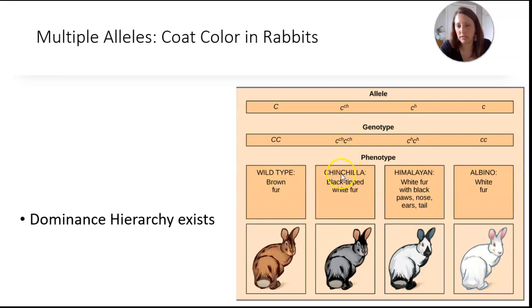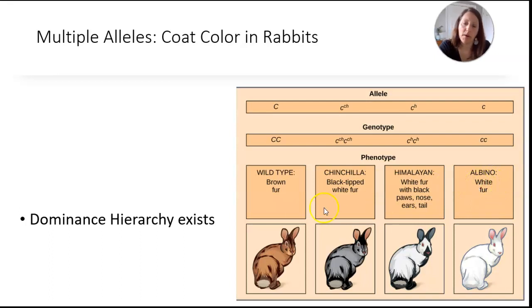C^ch would give you chinchilla fur, which looks like this bunny right here: black-tipped, kind of grayish white fur. Himalayan is C^hC^h. This is white fur with black paws, nose, ears, and tail. And then little c is the albino genotype, which gives you the phenotype of white fur.